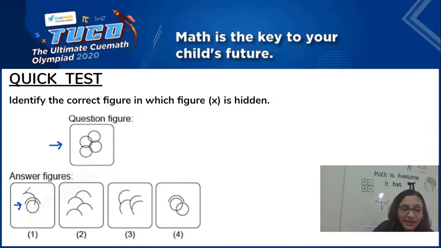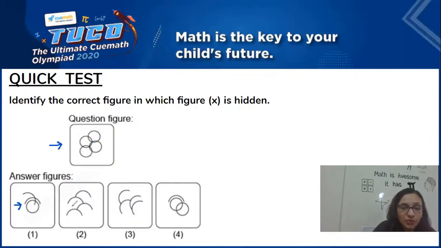So I can find this semicircular kind of arc, and then I can find this, but there is no one more just on top of it. So we can say that option 1 cannot be the correct answer because it's nowhere embedded in the question figure.